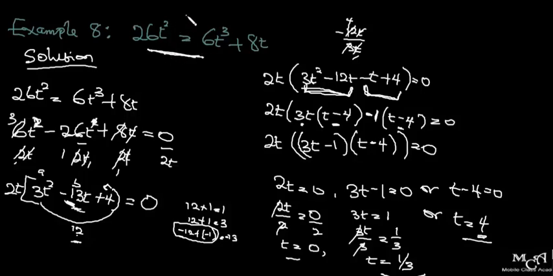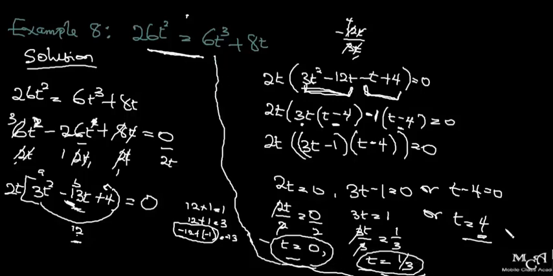Remember, we factorized this and we arrived at this, and this. So these are the values of our t. Hope this is clear. Take time to watch this video maybe once or twice again. You will understand the steps we followed before we arrived at this.